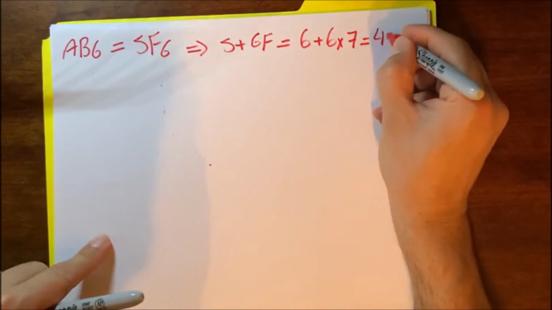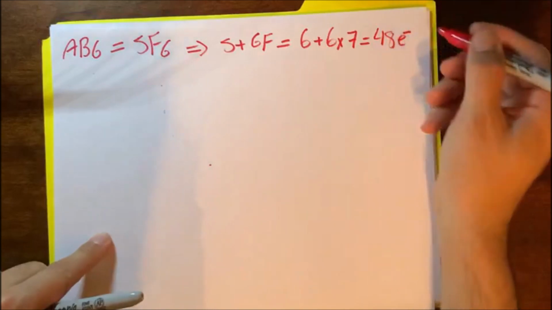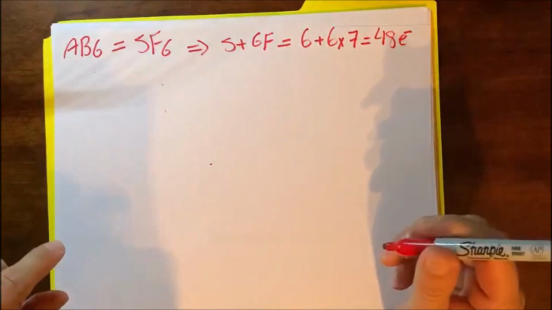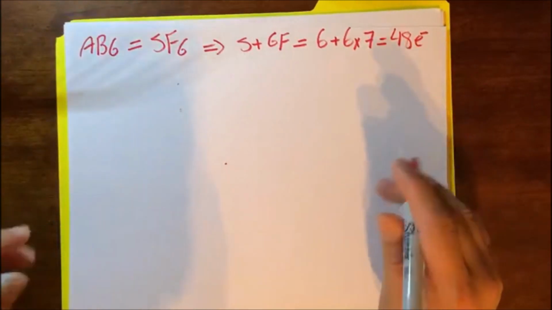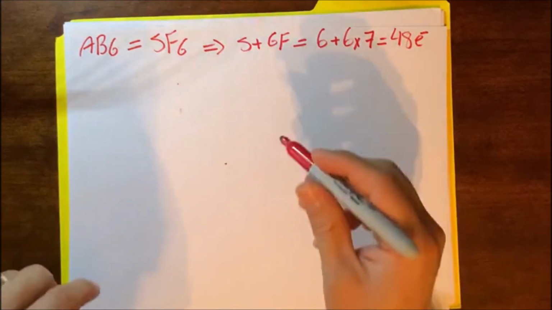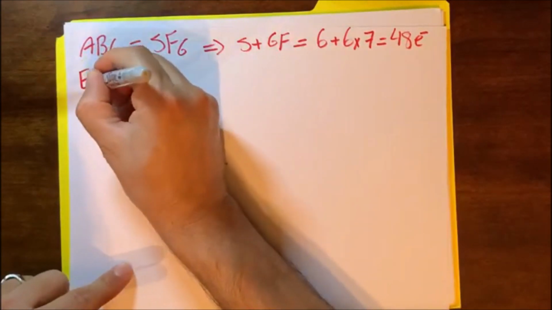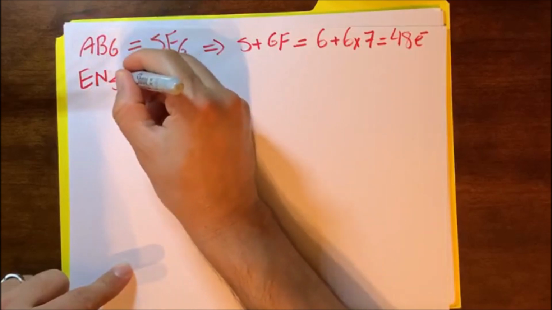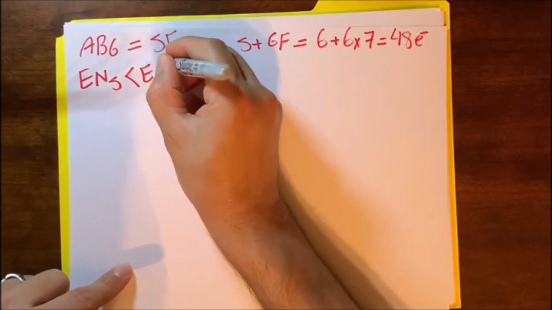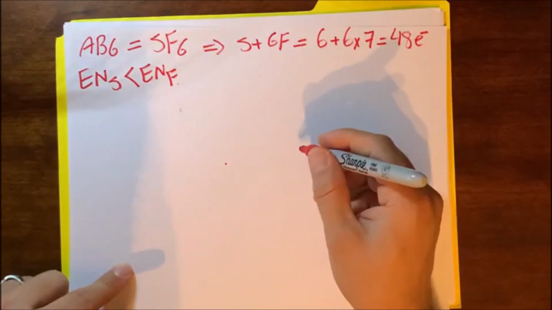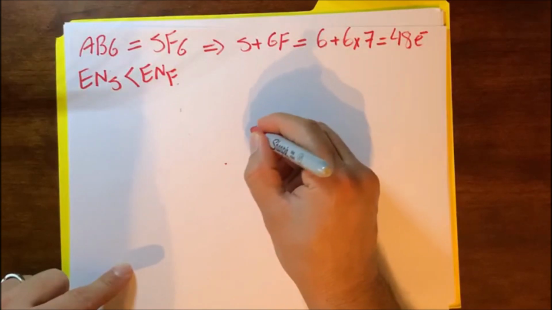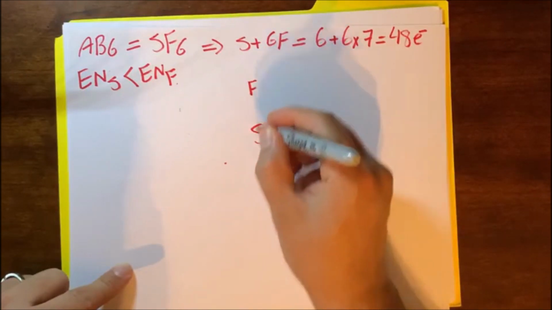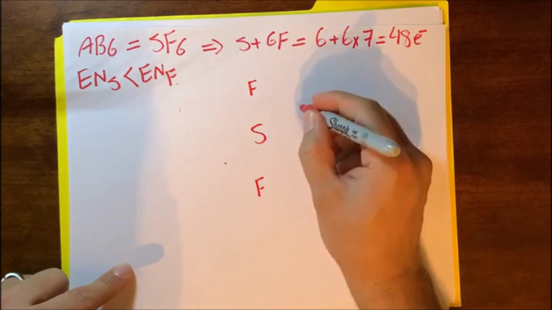We get 48 electrons. The electronegativity of sulfur is less than the electronegativity of fluorine. So sulfur will be the central atom. Here is sulfur, and fluorines, I have 6 of them.